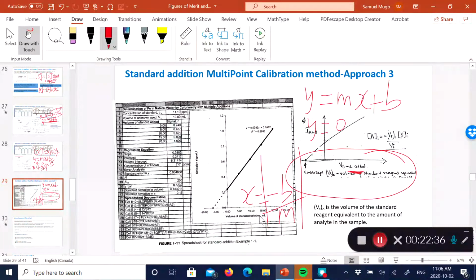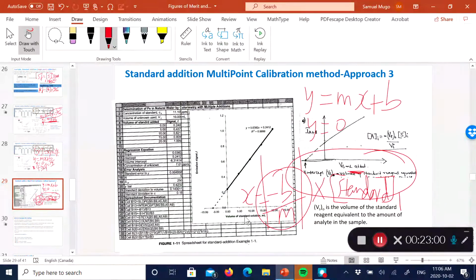So how do you get the concentration in units of concentration such as ppm? What you do is you take this number in volume units and multiply it by the concentration of the standard that was spiked in each of the volumetric flasks.